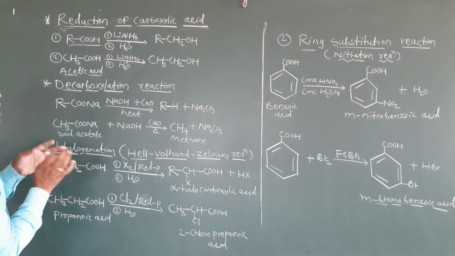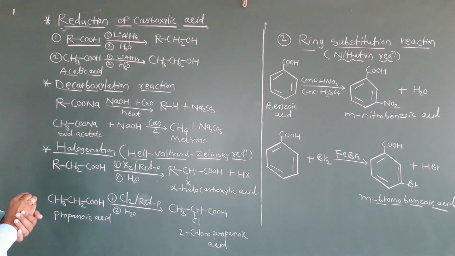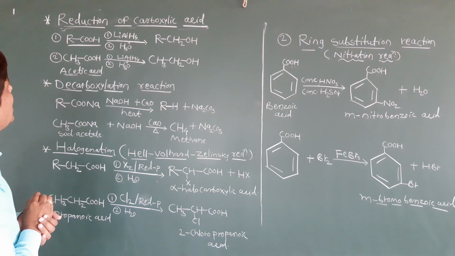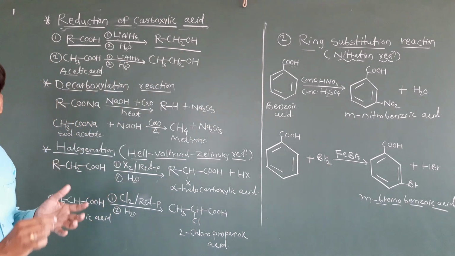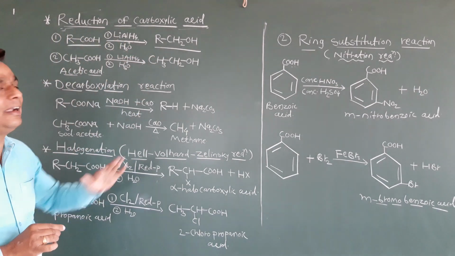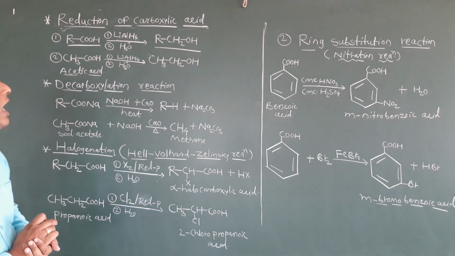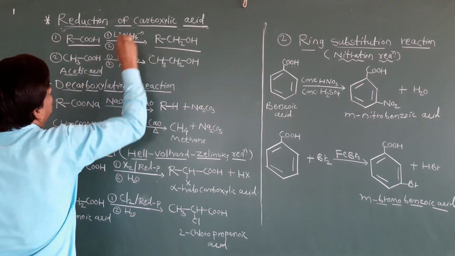Okay, just see how this reduction will take place. Here I have taken the carboxylic acid. How many hydrogens do you require to convert it to alcohol? Remember, when an acid undergoes reduction in the presence of lithium aluminum hydride, you always get a primary alcohol. Students, in lithium aluminum hydride, LiAlH4, there are 4 hydrogens.